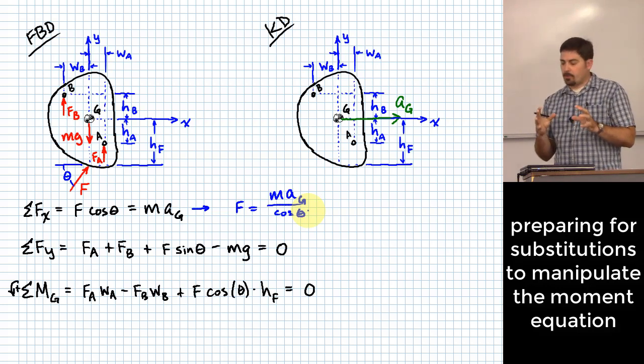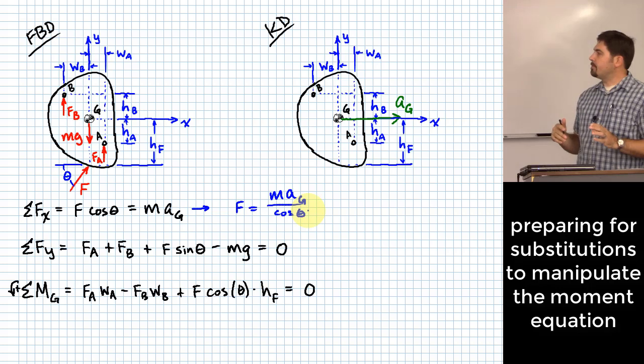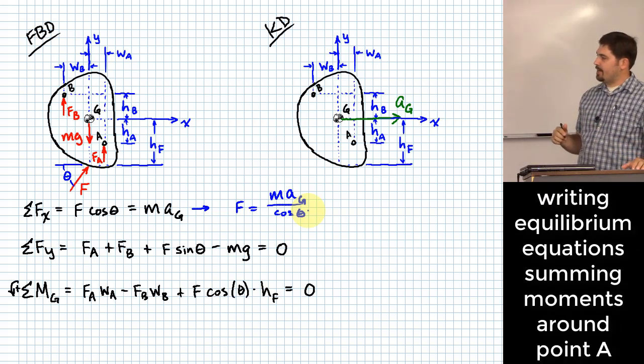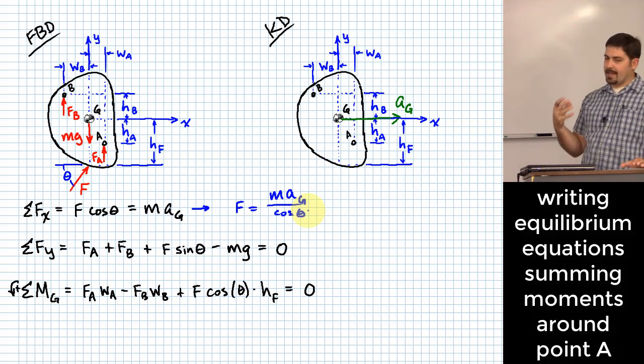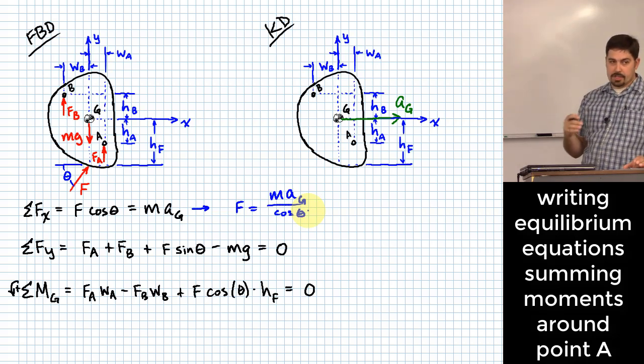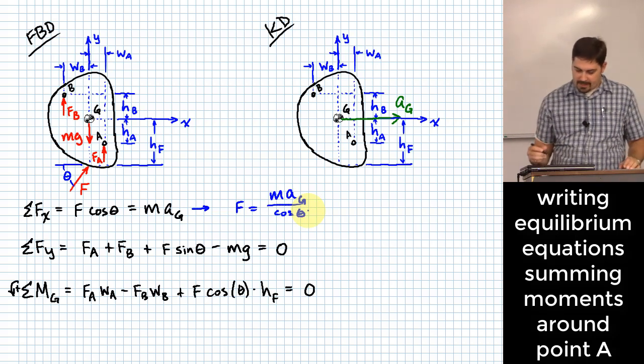I'll tell you what, before I go too much further here, let me write these equations a second time, but instead think about centering it around point A rather than point G. Okay? So first of all, do the x and y equations change? No. So those two equations stay exactly the same.